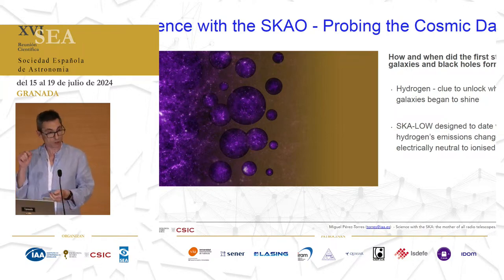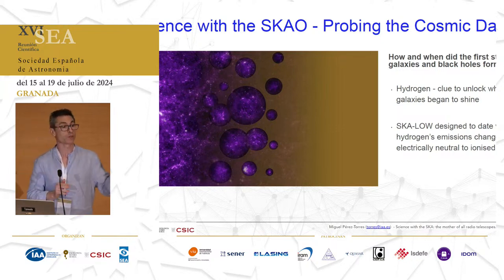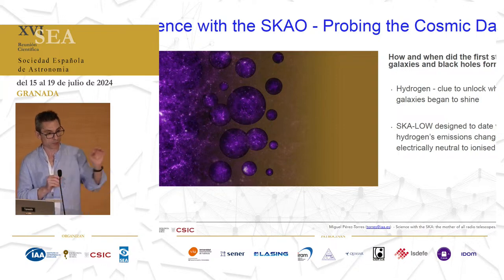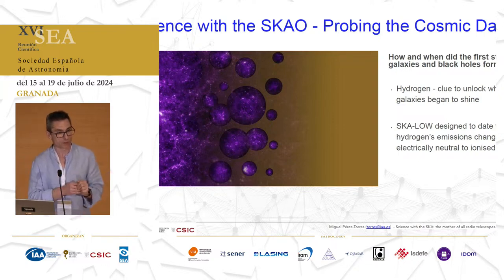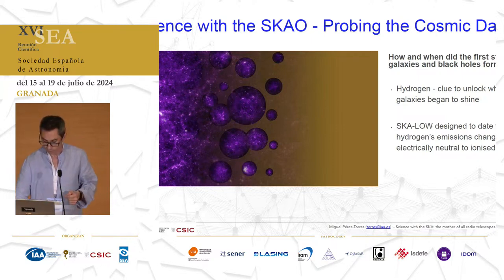And actually, it's because using the SKA low, one of these 2 telescopes, we will be able to go up to redshift 26. So it will be possible, by tracing hydrogen at these very early ages of the universe when we had galaxies, to trace when this epoch of reionization happened, to date it very precisely. So that's the main goal.